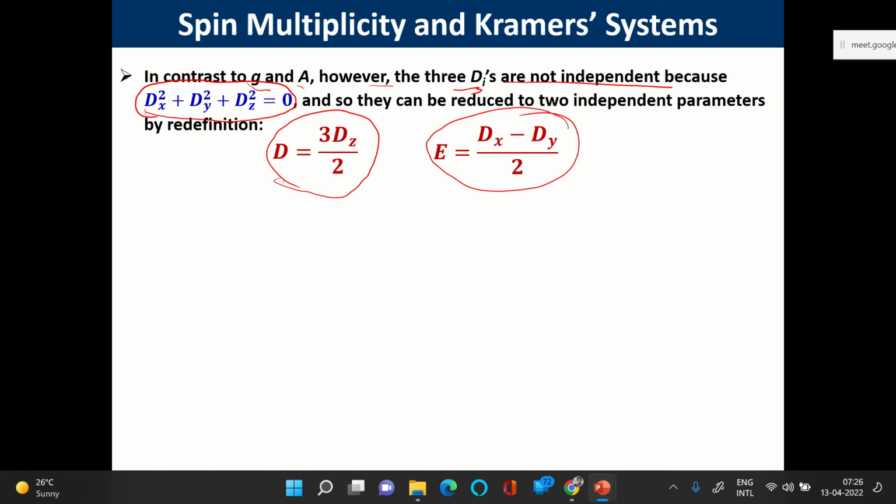Here D is the zero field splitting (ZFS) parameter along z, and we use these to define a term called rhombicity, which is E by D, represented by eta. Sorry, this is eta, not rho. Eta varies between 0 and 1 by 3.